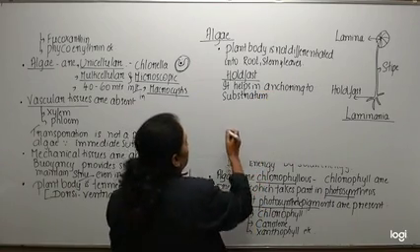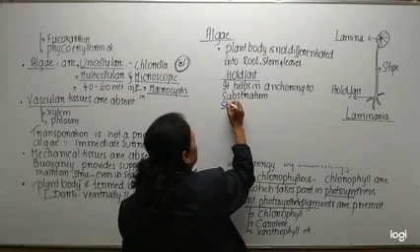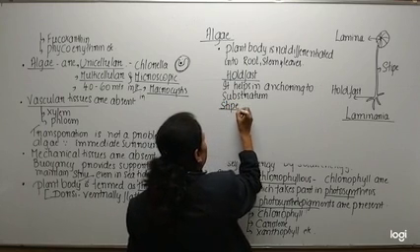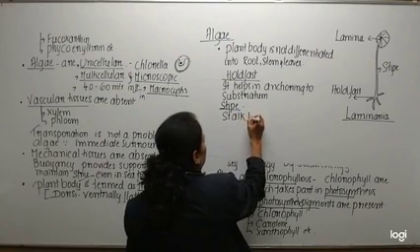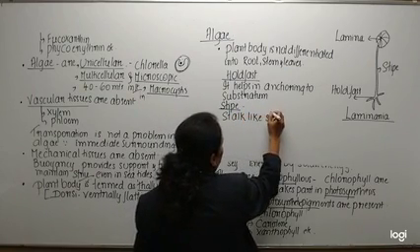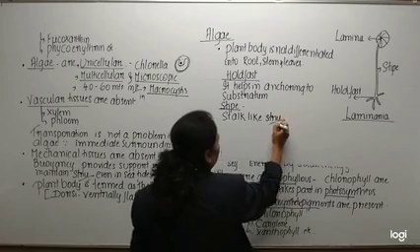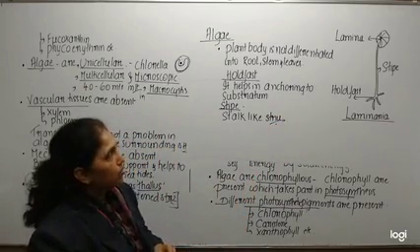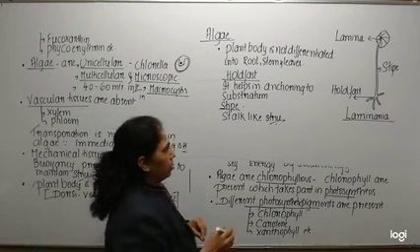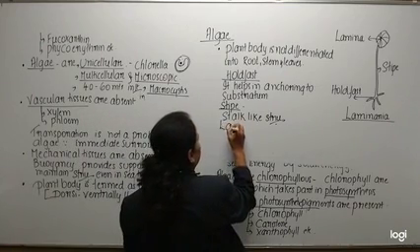Holdfast is similar to roots. And the second part is called the stipe. It is a stalk-like structure. We can compare it to the stalk of the higher plant. Next one, the leaf-like structure, is called the lamina.